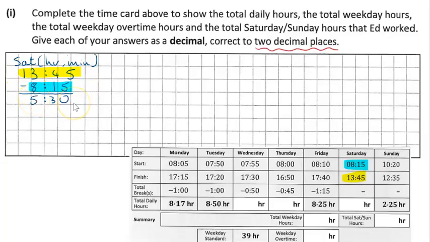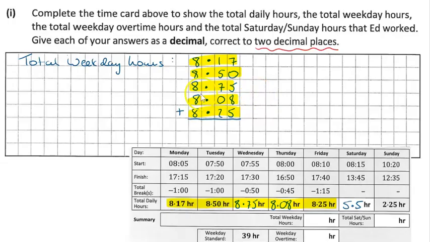So 5 hours and 30 minutes, and we need to change it into a decimal. 30 minutes divided by 60, because there's 60 minutes in an hour, gives us 5.5 hours, which makes sense because 5 hours and 30 minutes is 5.5 hours. So 5.5 hours goes in that box there.